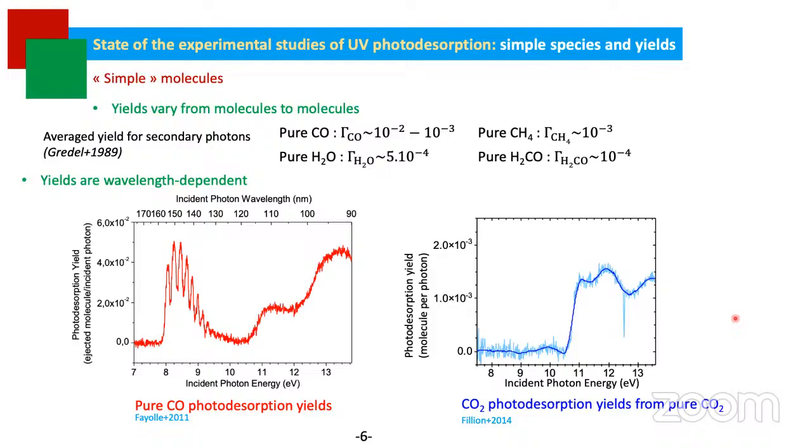In fact, it depends on the absorption cross-section of the molecules that you're considering. For instance, you can see that for CO2, if you just shine photons with energy below 10.5 eV, you miss the majority of the desorption phenomena. So this is basically what will happen if you use a broadband discharge lamp.